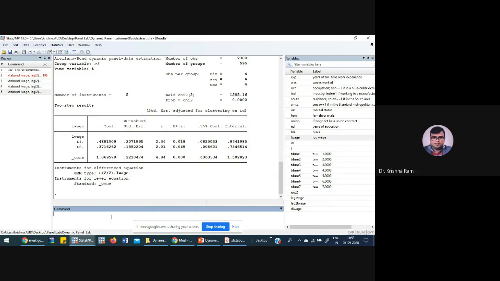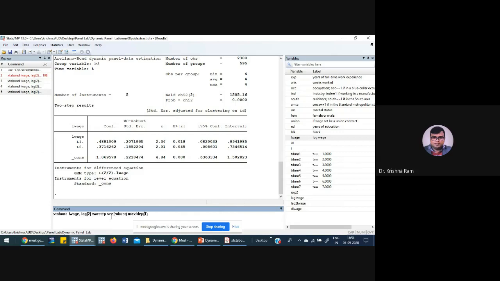So let's see. If you run with that, the total number of instruments is 5 only. 4 is for the 4 time periods, so for each time period we restricted ourselves to only one instrument variable, and the fifth one is the intercept.